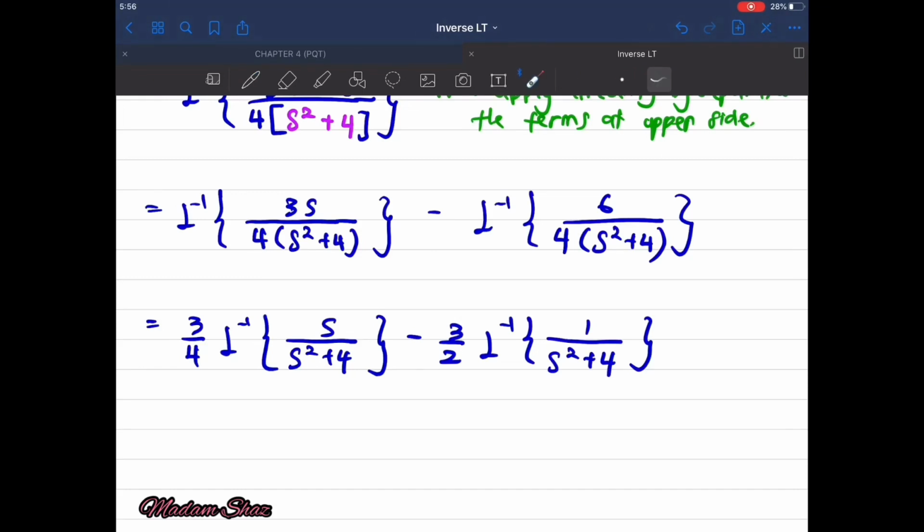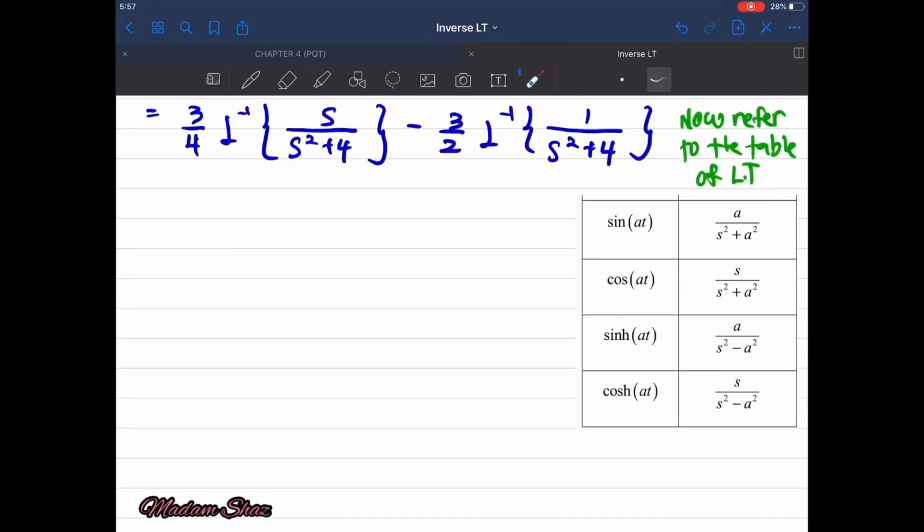So now, you have to refer to the table of the Laplace transform, whereby we have s at the upper side and we have s square plus a number at the bottom side. The same thing for the second curly bracket, you have to refer to the table of the Laplace transform, whereby we have a constant at the upper side and we have s square plus a number at the bottom side.